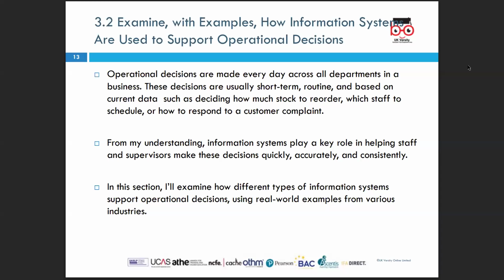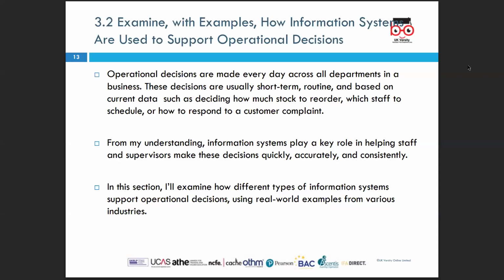So we're now going to examine with examples how information systems are used to support operational decisions. So operational decisions, we know that these are the day-to-day activities that line managers and staff might be involved with.